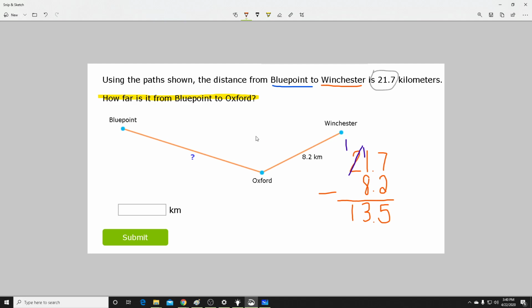So we get 13.5, but it's not just 13.5. We're solving for a distance, so we need our units: 13.5 kilometers. And if you did this right, if you add up 13.5 plus 8.2, the distance from here and the distance from here, you should get 21.7 kilometers total.